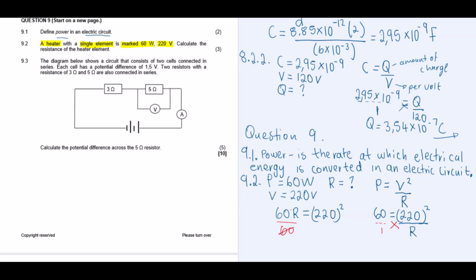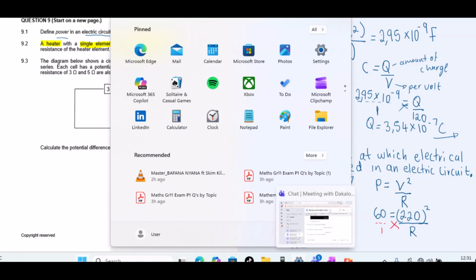And then we can divide both sides by 60. What you do on the left, you also do on the right. And then now we can use our calculator to get the final answer for the resistance.